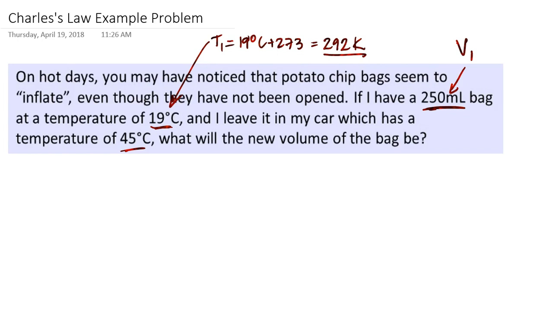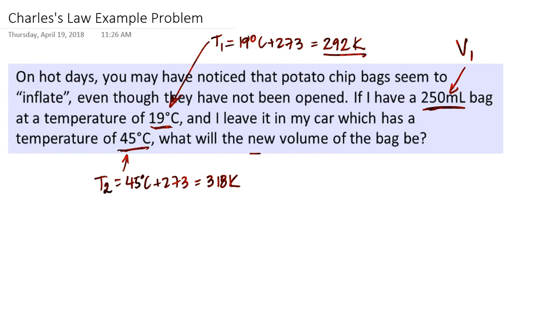Okay? I'll be using that later. I'm going to continue to try and pick out my remaining variables. It says that my new temperature when I leave the bag in the car will be 45 degrees Celsius. So there's my T2. And again, I should immediately work on converting this to Kelvin. So 45 plus 273 should be 318 Kelvin.